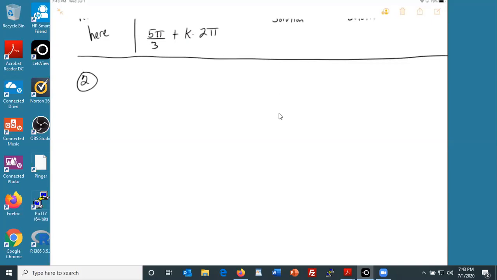So let's say we have 2 times the cosine squared of, let's use x this time, or theta, it really doesn't matter, minus 1 equals 0.